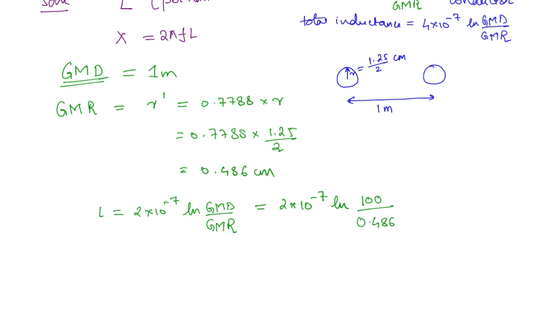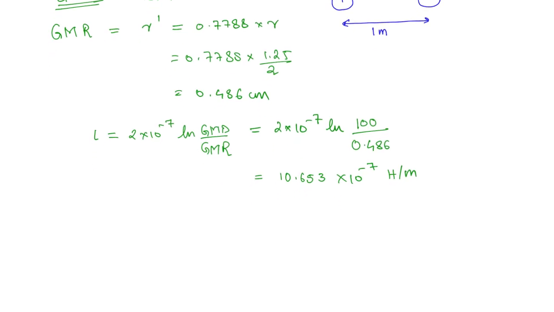Here you can convert into meter also. So if you keep this as 1, then 0.486 into 10 to the power minus 2 you can write here. It is going to give you the same thing. Now this value if you calculate, you are going to get 10.653 into 10 to the power minus 7 Henry per meter.